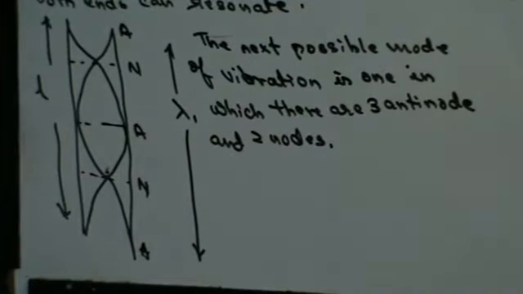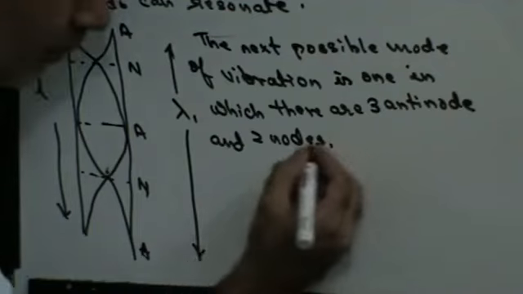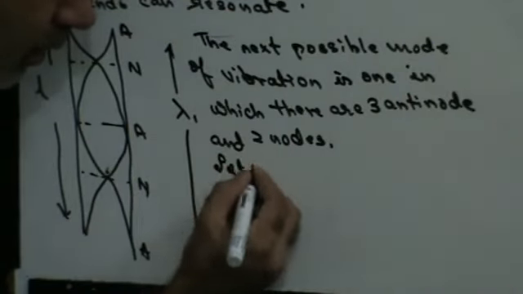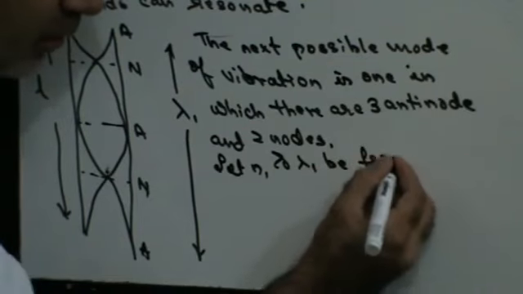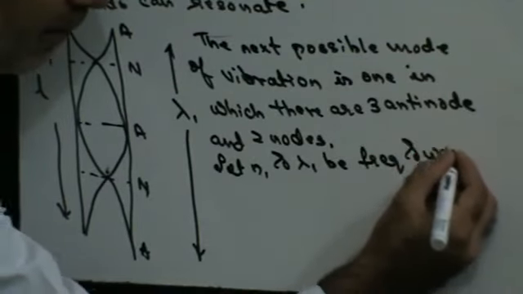Right? Now, in that case, let's assume that n1 and lambda 1 are the frequency and the wavelength.